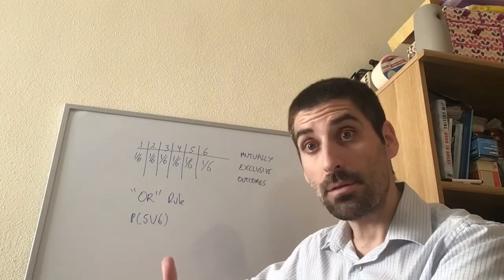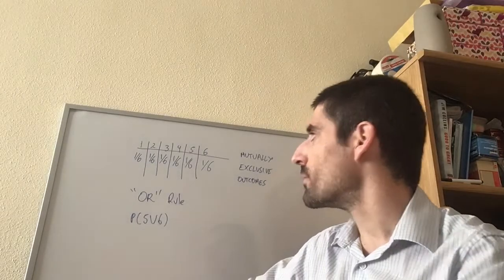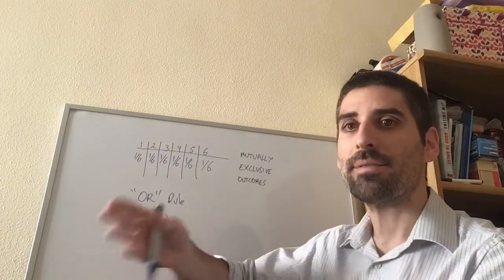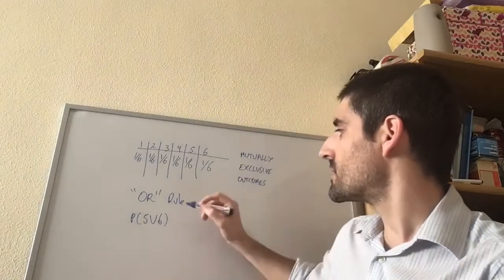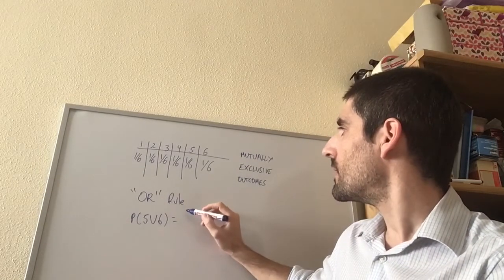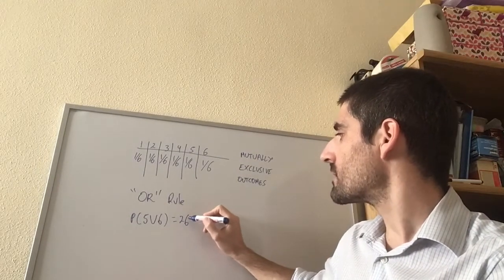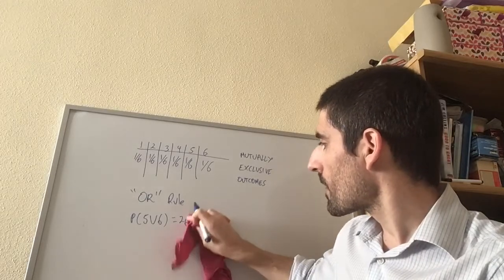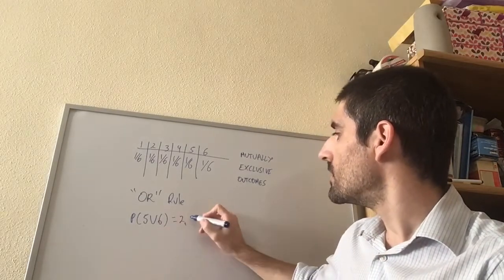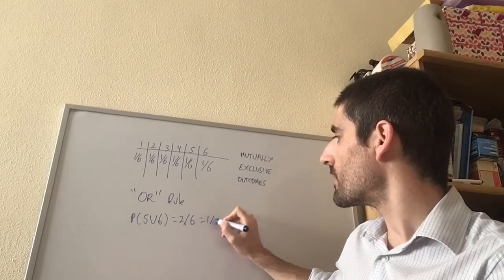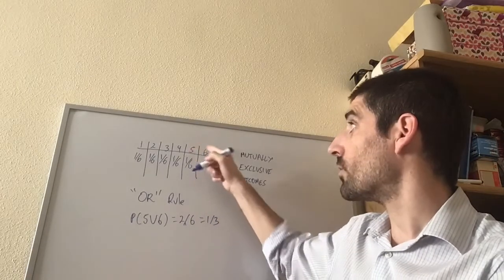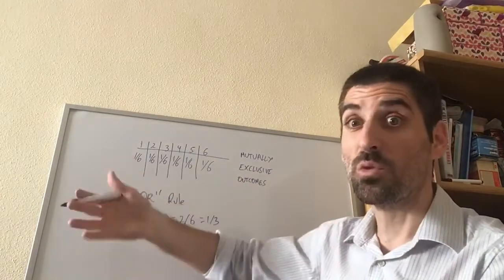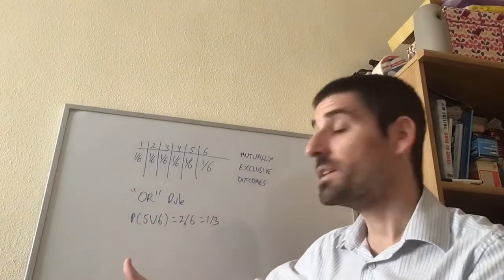OR means union. So the probability of rolling a 5 or 6 is 2 out of 6. It's 2 out of 6, which is 1/3. We simplify. It's a 5 or a 6, so I could get 2 of those 6 outcomes. 2 out of 6 is 1/3.